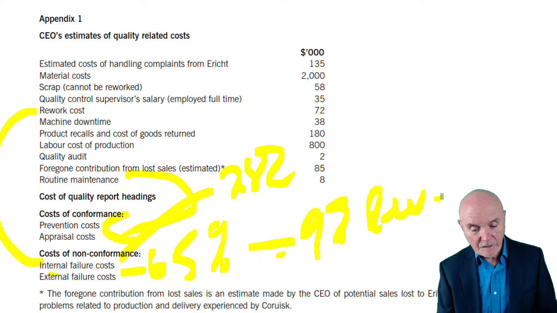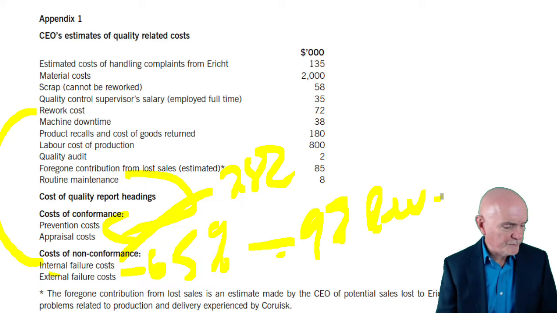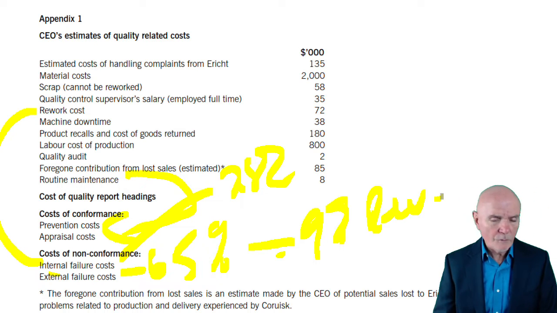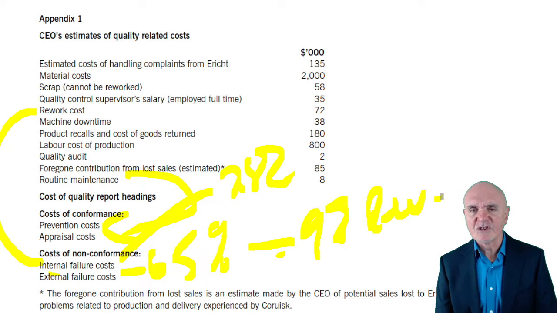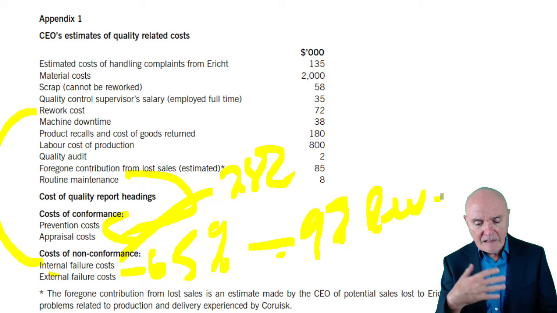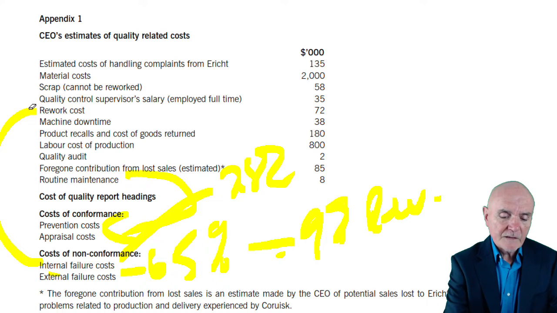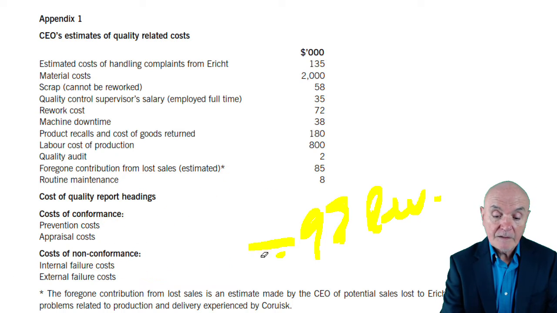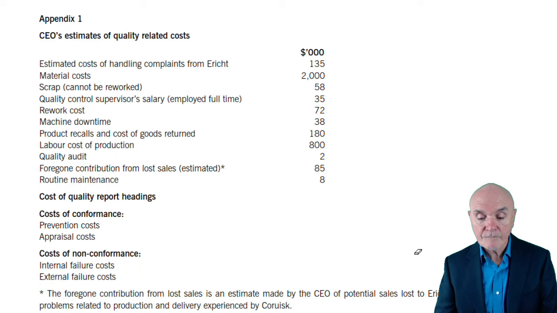So these external failure costs and the internal failure costs came to a huge percentage of revenue. Really, really unconscionable cost. And it leads us back to this idea that they were a bit self-satisfied with this 5% goods return by our single very important customer.